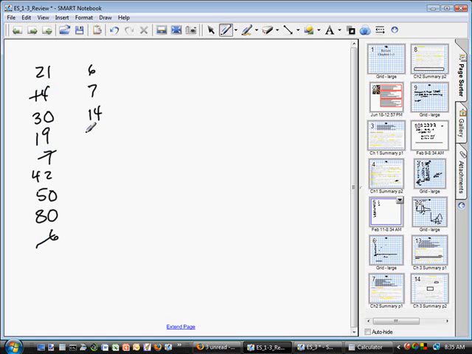Then we got a 19. 21. And then the last three are exactly the same, aren't they? Oh yeah, and then we have 42, 50, and 80. There we go. Okay, so there's our numbers.